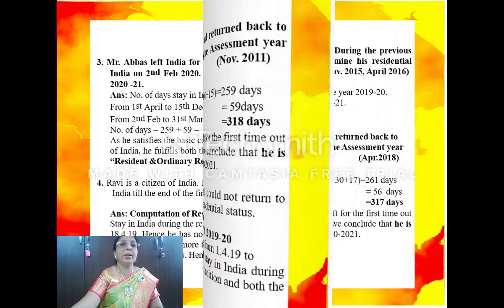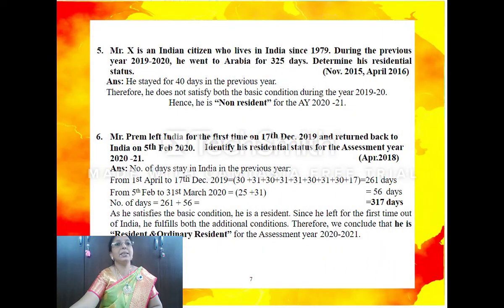The next situation. Mr. X is a resident citizen who lives in India since 1979. He is in India. He went to Arabia for 325 days. That's all. So he has been in India throughout. In between, in 2019-20, he went to Arabia for 325 days. So during our previous year, we have to think about the previous year. 325 days he is in Arabia.